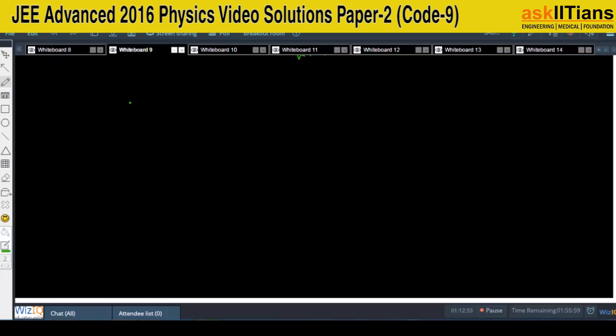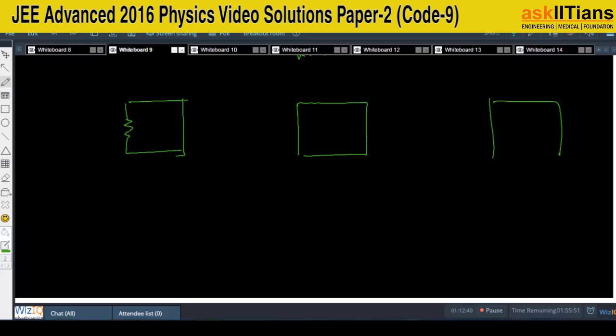There are two sections, and this is the variation of length x from this part.